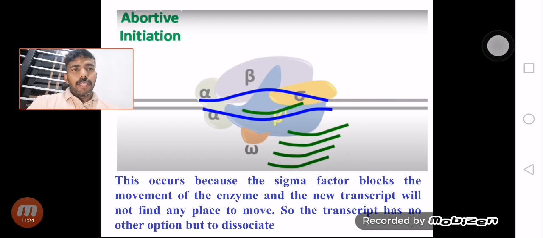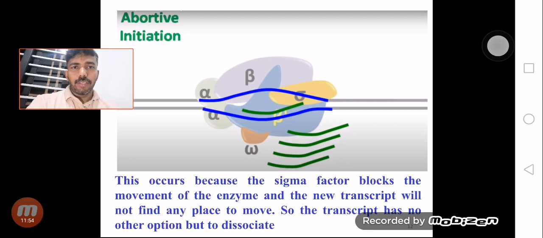But for the displacement, first, some energy is required. Second, there should not be any blocking materials. When we closely analyze, there is no energy for the system, and there is a blocking element, what we call the sigma factor here. So the sigma factor will not allow the easy movement of the polymerase enzyme along the DNA duplex.